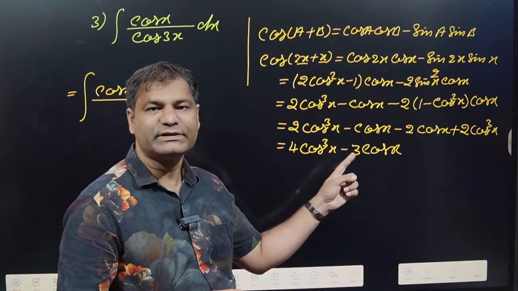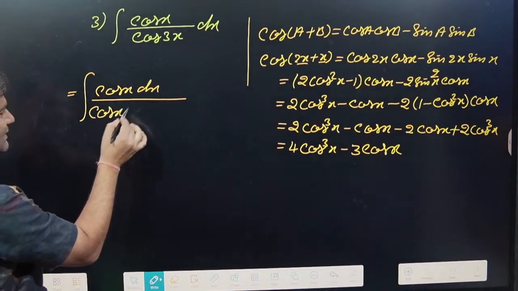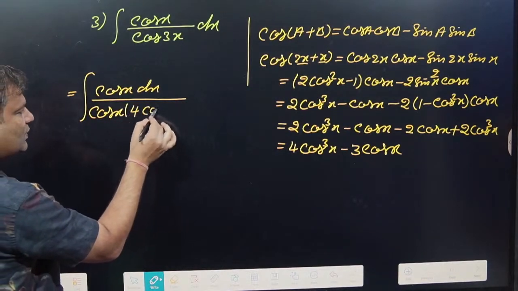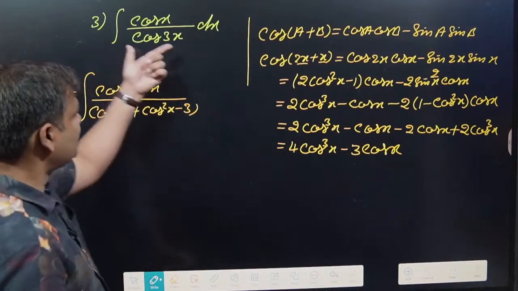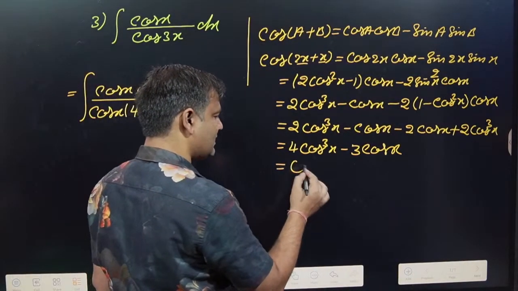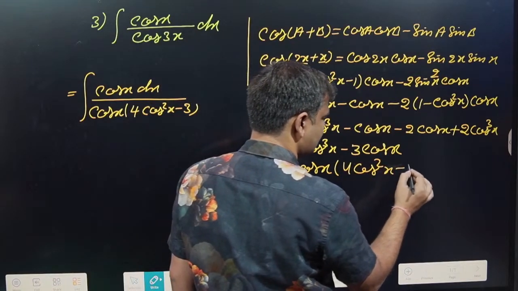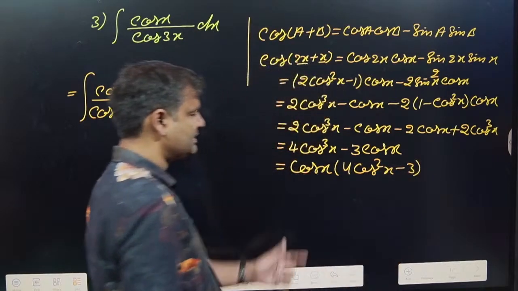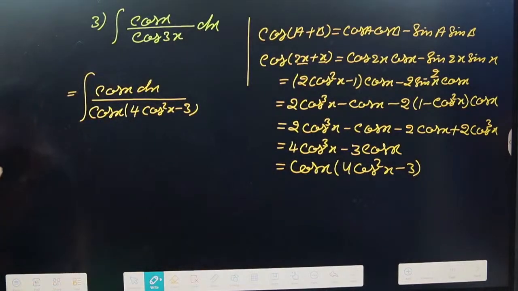Here cos x is common, so we write cos x into (4 cos square x minus 3). Basically the expression is replaced by that one, and with cos x common, we get 4 cos square x minus 3.